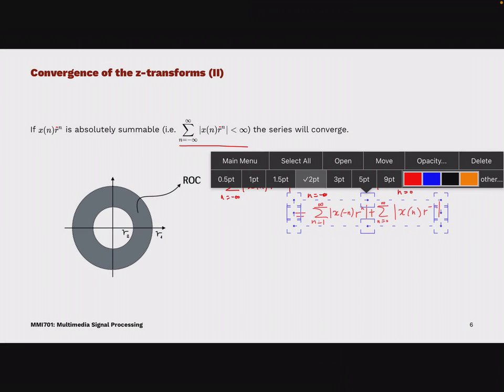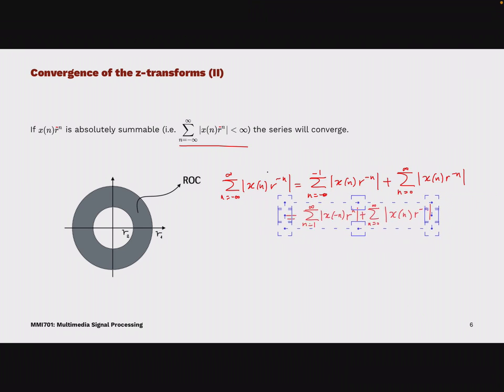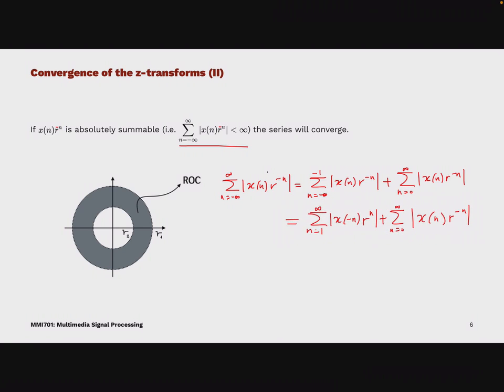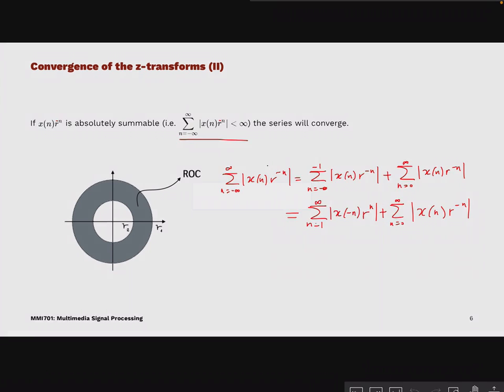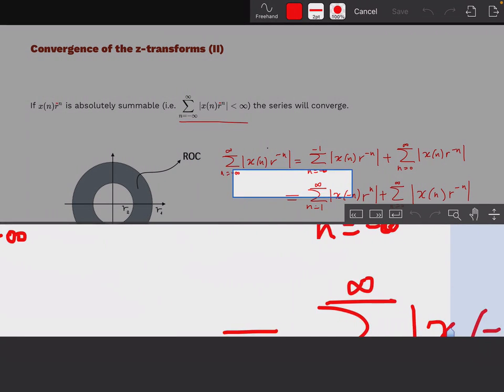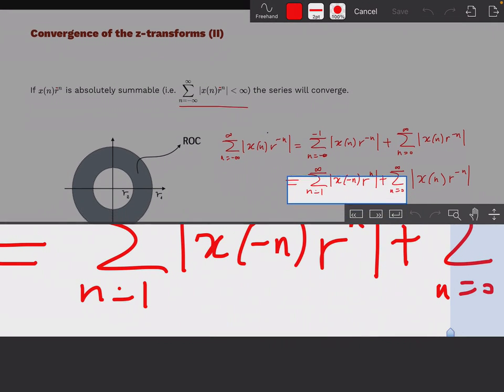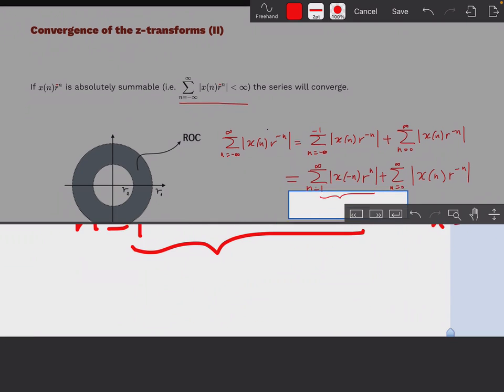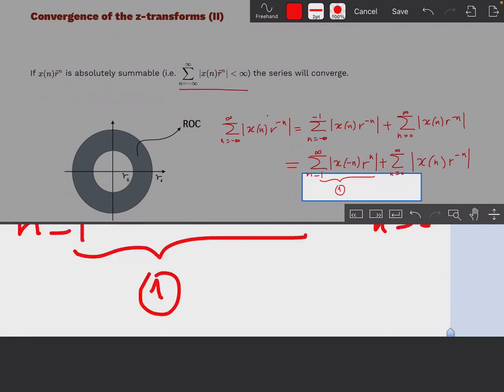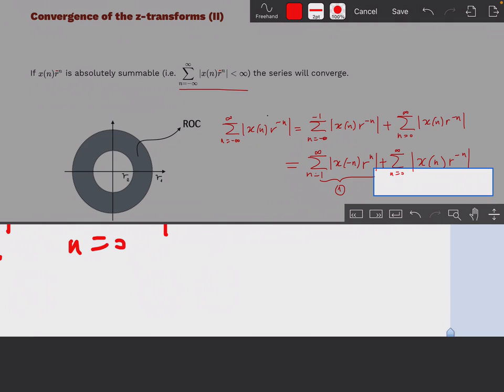Now let's also make this a little bigger. Okay, so let's think. If any of these two parts of this transform, so let's call this 1 and let's call this 2 if you like.